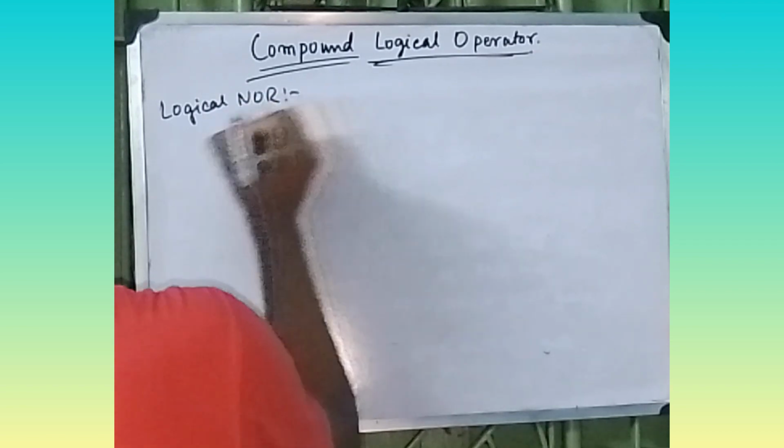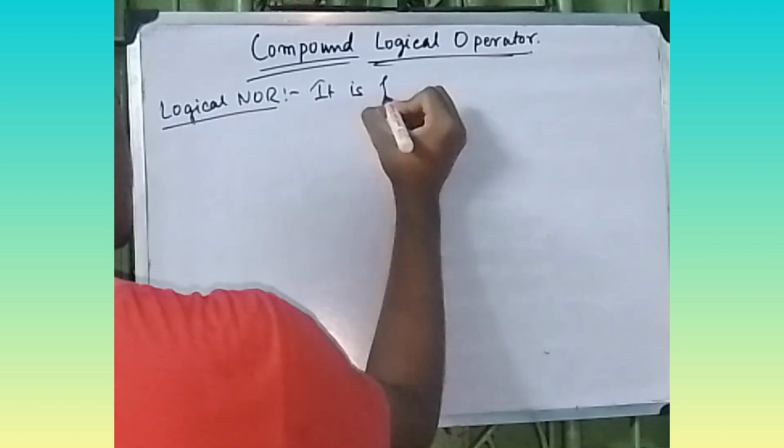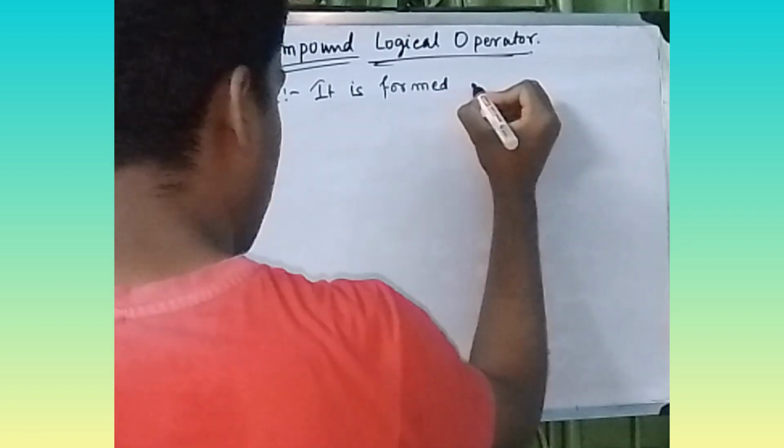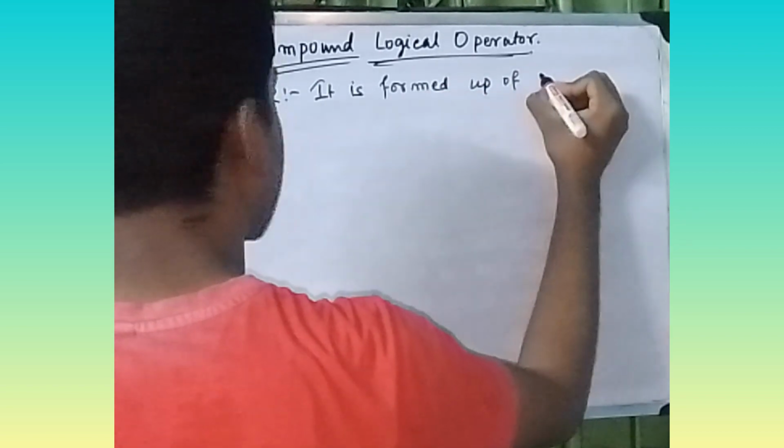Let's move to our first compound Boolean expression, which is logical NOR. It is formed by a combination of OR and NOT operators.